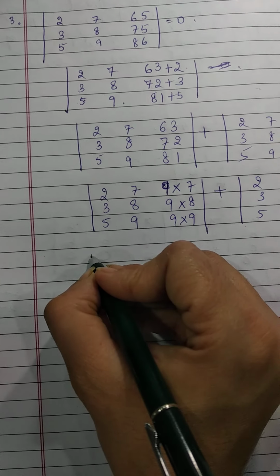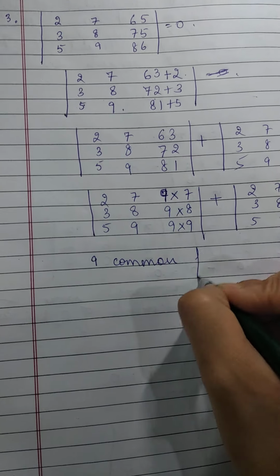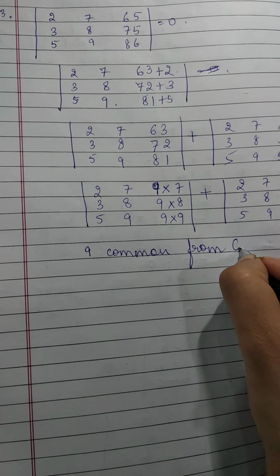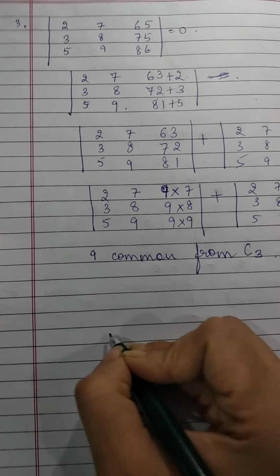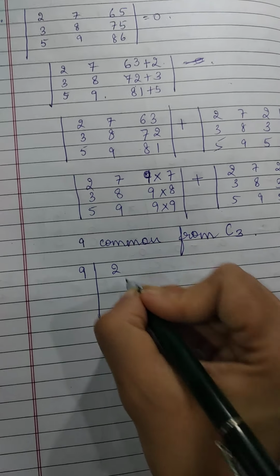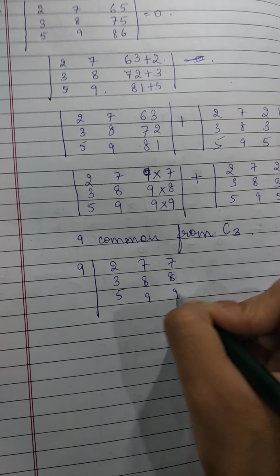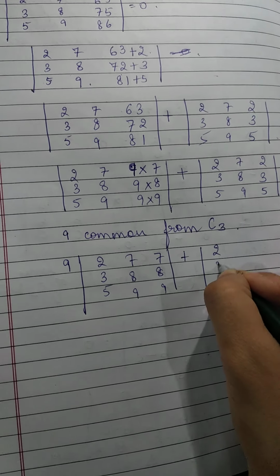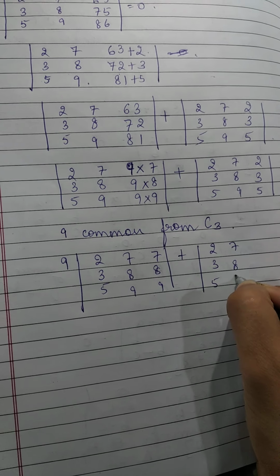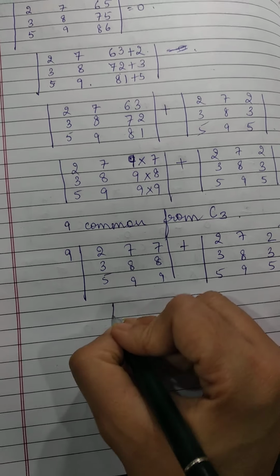Now, if I take 9 common, so what do I have? 2, 3, 5, 7, 8, 9, 7, 8, 9 plus 2, 3, 5, 7, 8, 9, 2, 3, 5.